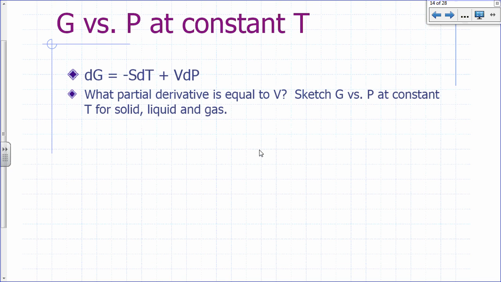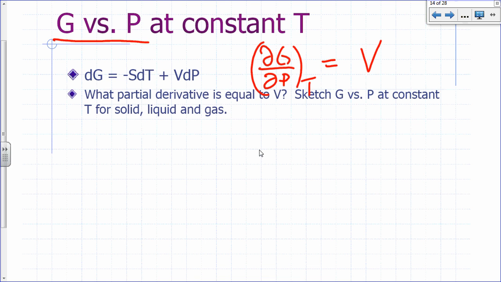Now dG equals negative S dT plus V dP. Let's look at how G depends on pressure at constant temperature. If I want to know how G depends on pressure at constant temperature, what is that equal to? That's going to be equal to the volume.